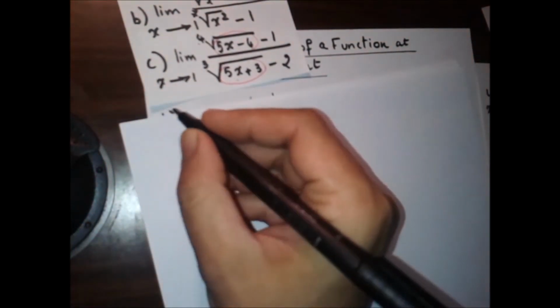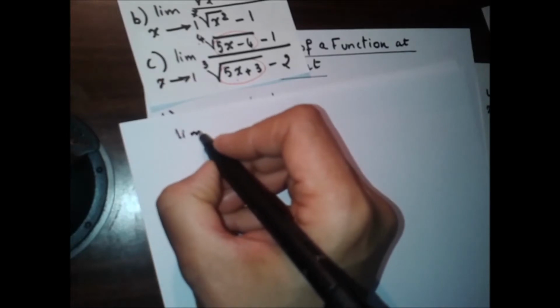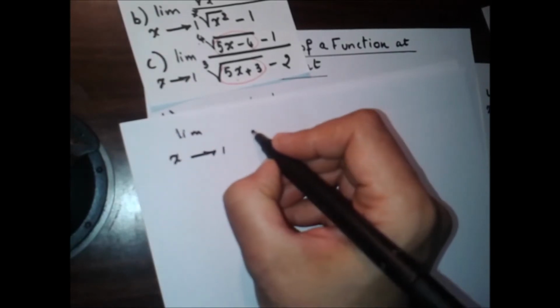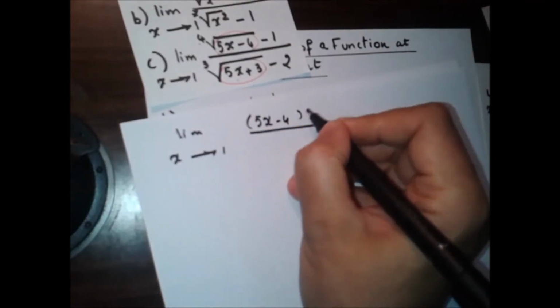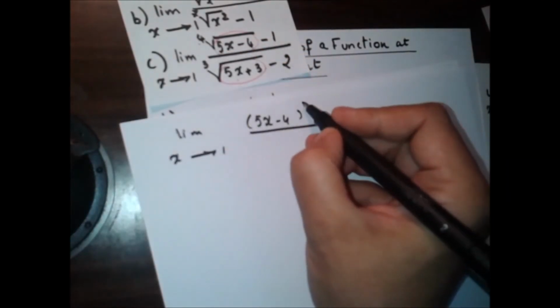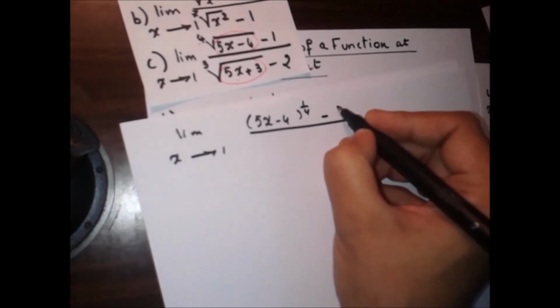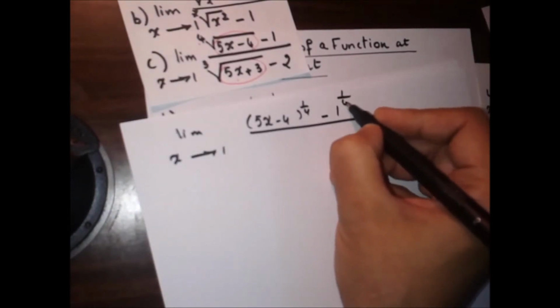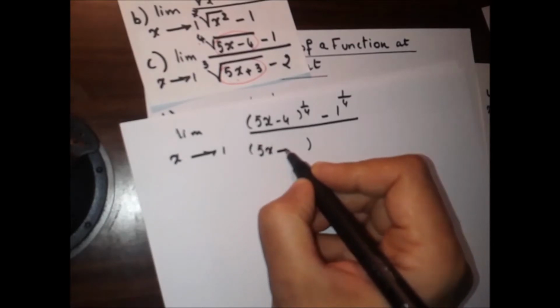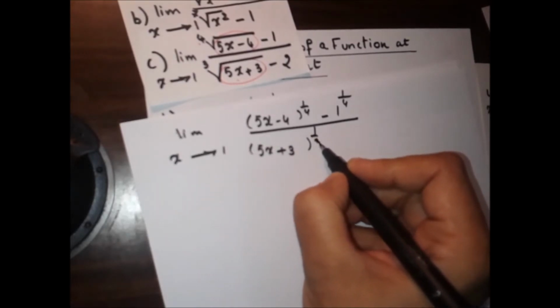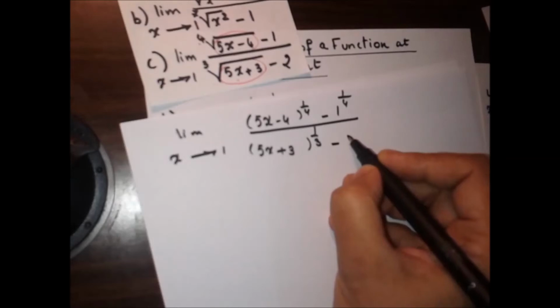It's equal to limit as x tends to 1 of 5x minus 4 to the power of 1 over 4 minus 1 raised to the power of 1 over 4, and down we have 5x plus 3 to the power of 1 over 3 minus 2.